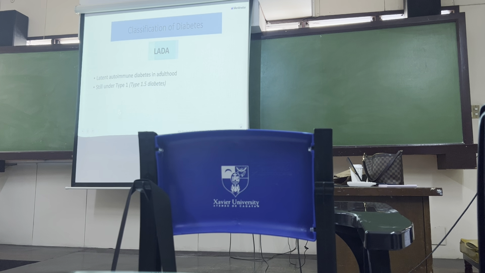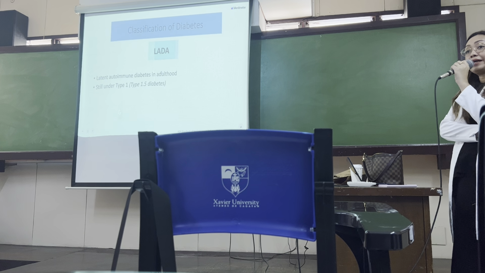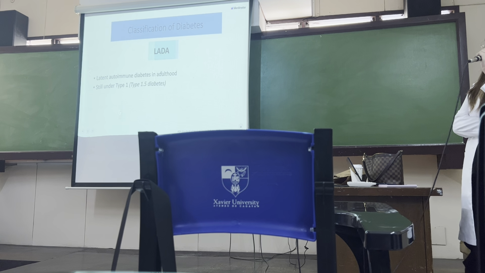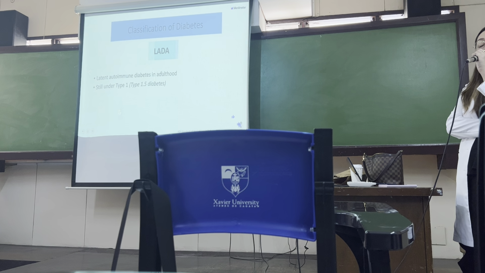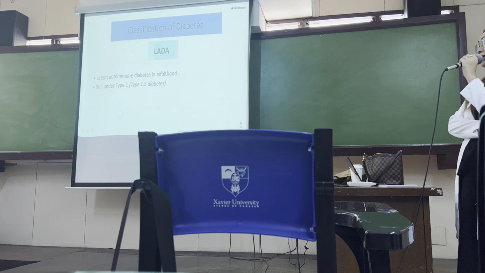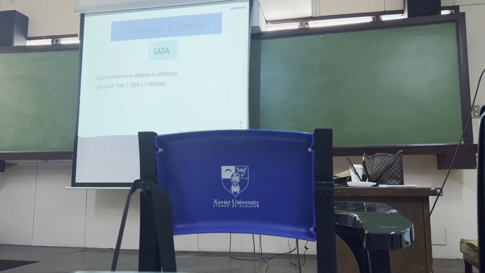You also have your LADA. LADA is your latent autoimmune diabetes in adulthood. This is still classified under type 1 DM, but some call it type 1.5 diabetes.